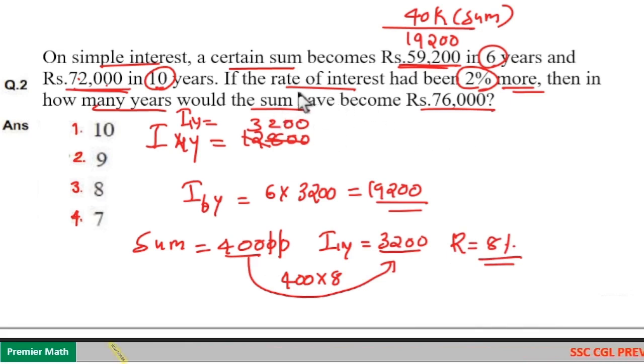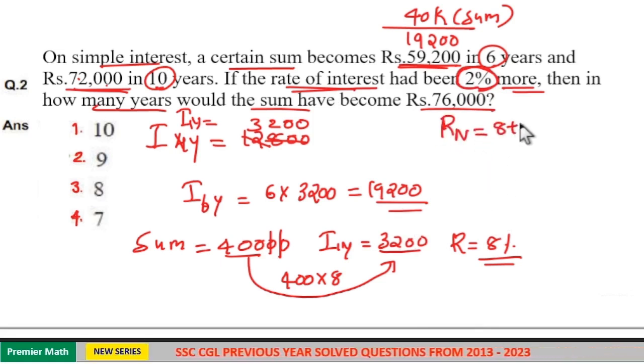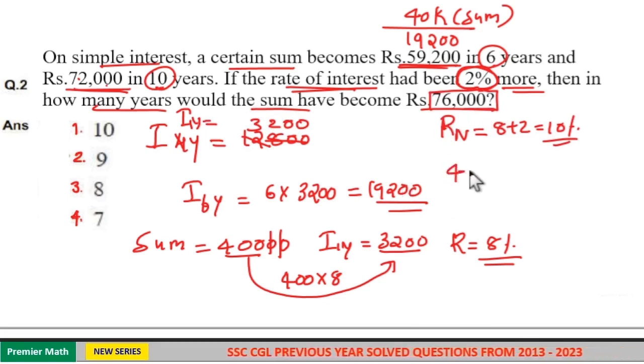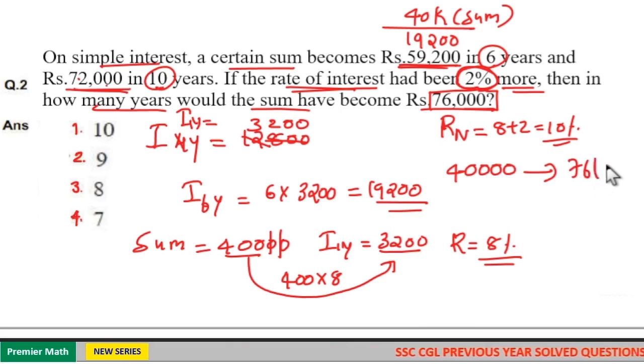Now, if the interest rate had been increased by 2%, then the new rate will become 8 plus 2, 10%. Then we have to find in how many years the sum will become 76,000. Here we have to find out in how many years 40,000 will become 76,000.